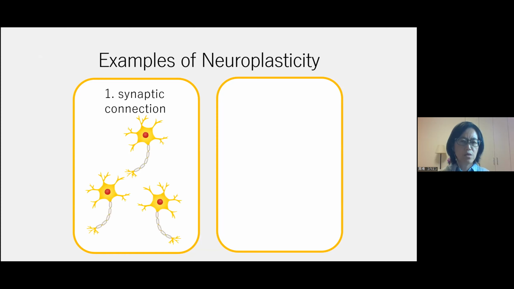Generally, there are two ways for our neurons to adjust themselves. One is by synaptic connection. So there could be added connections, and sometimes the connections can disappear.